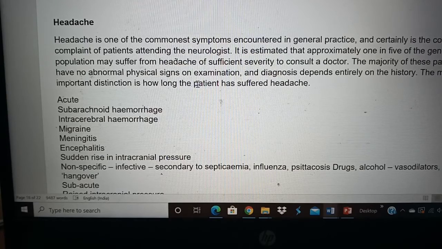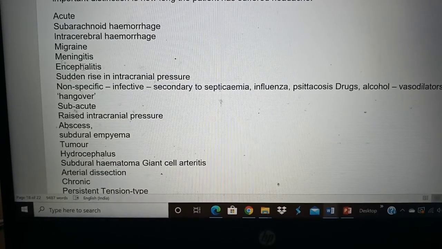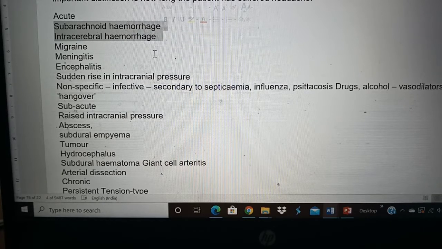Let us see the causes of headaches. Acute headache can be caused because of subarachnoid hemorrhage or intracerebral hemorrhage. These are serious problems. Hemorrhage is bleeding, and when it occurs in the subarachnoid space and intracerebral space, it can be very serious. It is usually after a trauma like an accident, or it could be because of a break or bursting of an aneurysm.